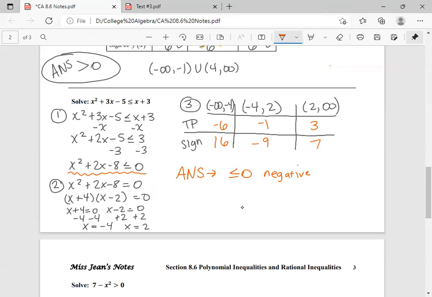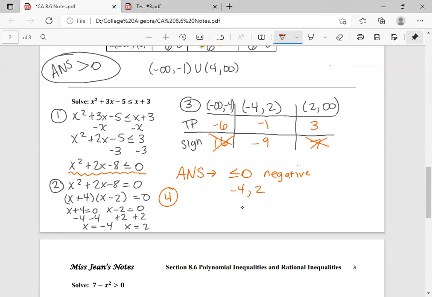And we want the things that are negative, right? 16 is not negative. 7 is not negative. So we were correct when we looked at our graph and said, okay, the answer is this interval from -4 to 2.